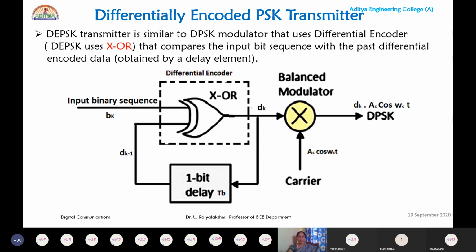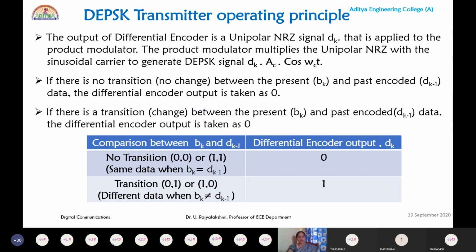Now let us move to the next slide. Already we have seen the DPSK transmitter's operating principle. The output of the differential encoder, as I already told you, is unipolar energized. It is represented as dk, and that is applied to the product modulator.